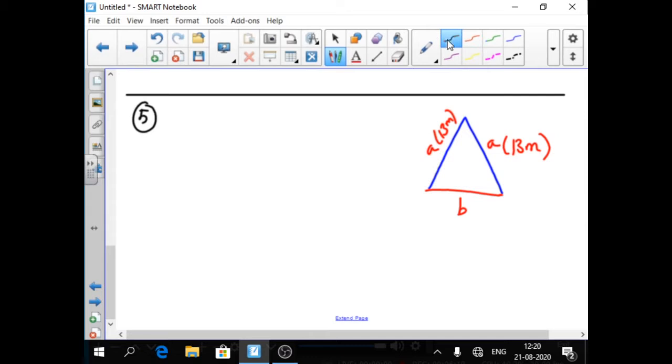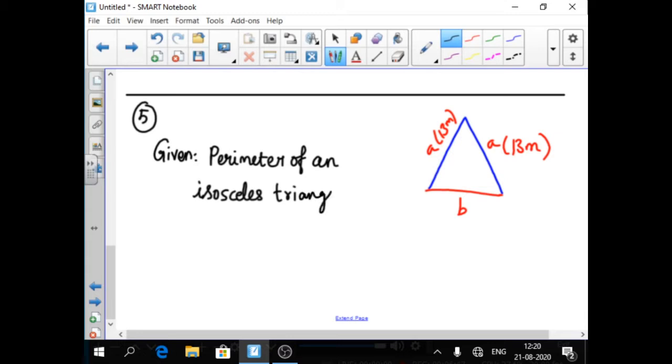So you can write the given first. The given value is, perimeter of an isosceles triangle is equal to 36 meter.